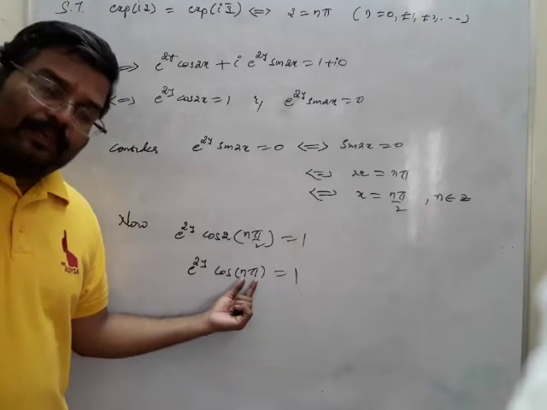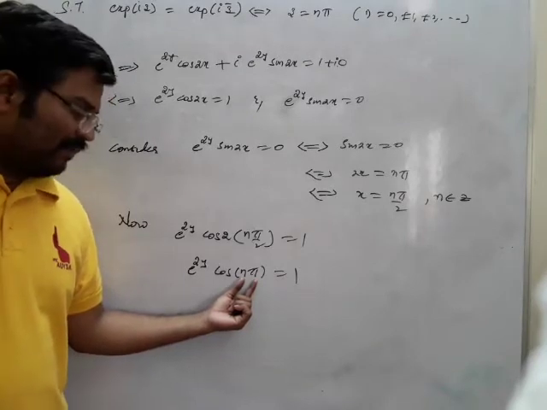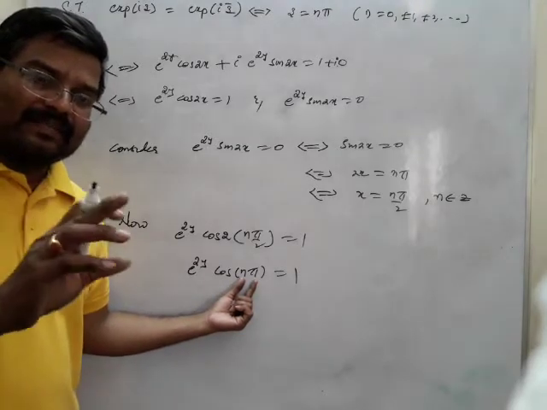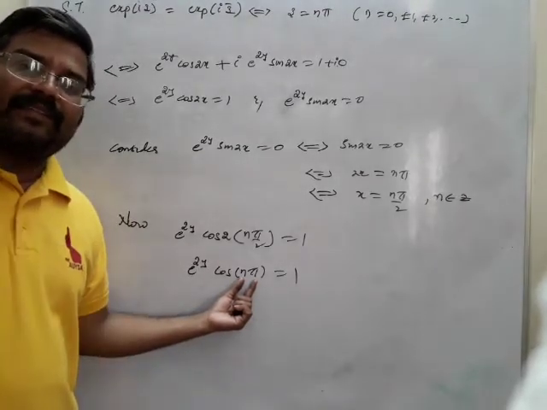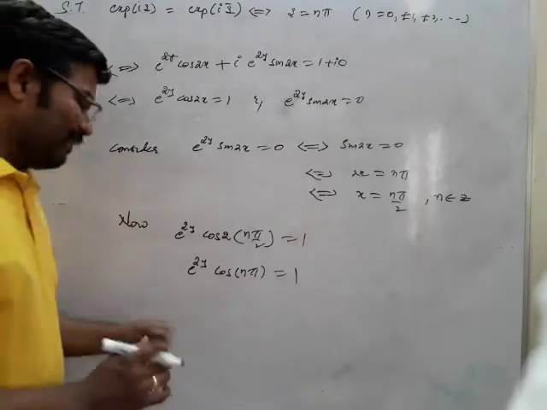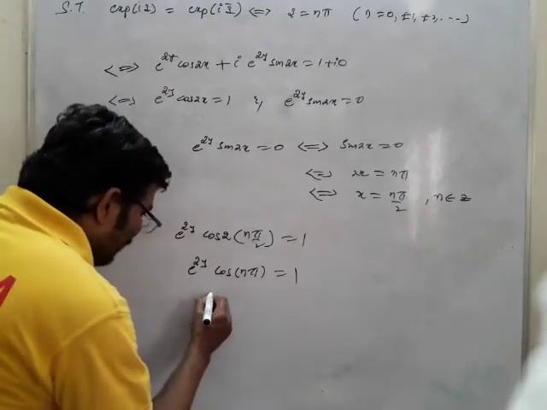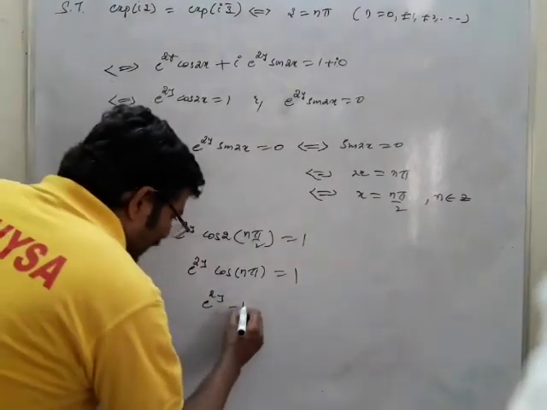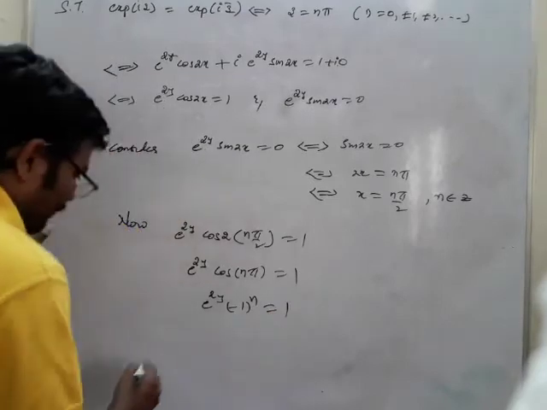Cos 2 pi is nothing but 1. So it depends upon the value of n, such that the cos becomes minus 1 when n is odd and plus 1 when n is even. So I may write this as e power 2y into minus 1 whole power n equal to 1.